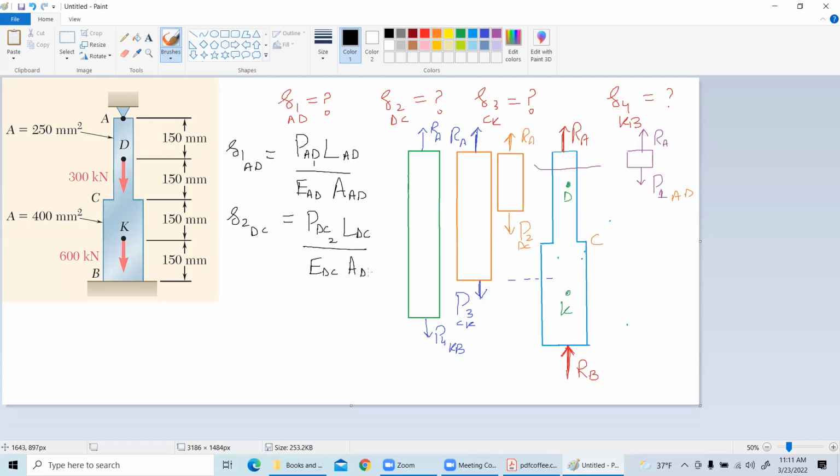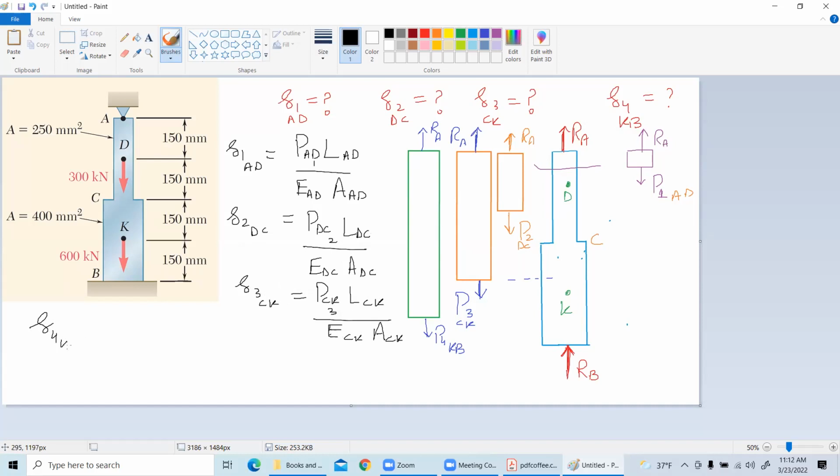And the last one is delta 3 CK equal to P CK. If someone doesn't want to use the CK and wants to use a 3, I have no objections. CK, E3 or CK, A3 or CK, whatever. And similarly, delta 4, what was that?